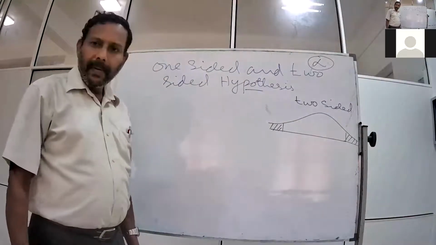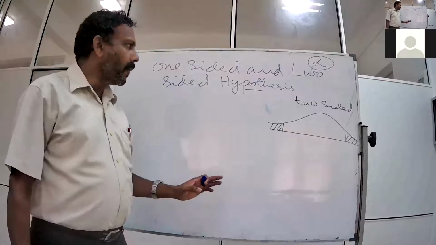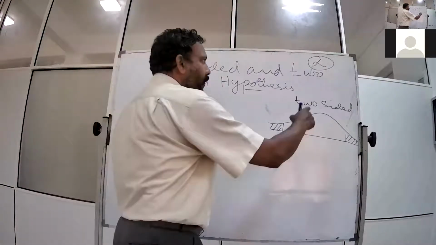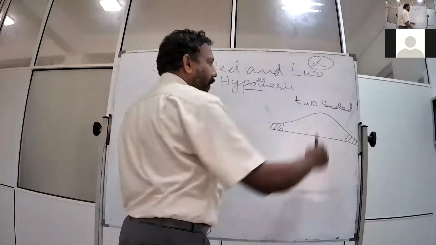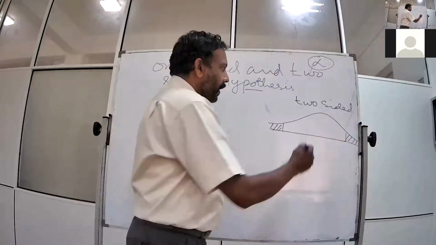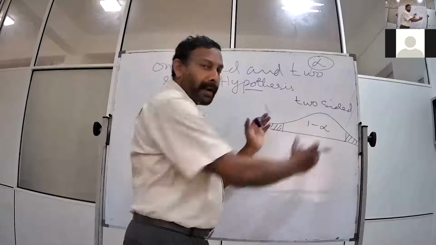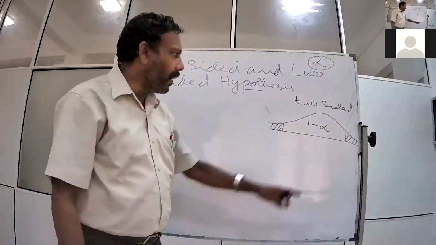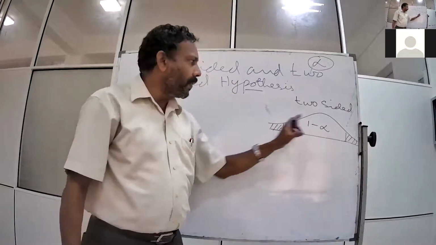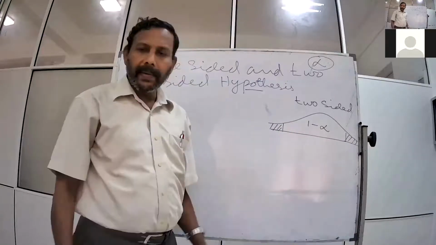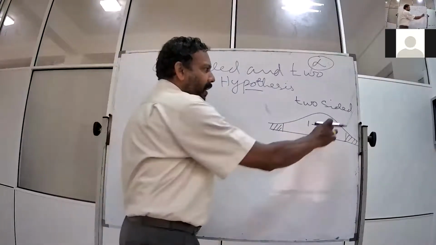Similarly, we can talk about one side. So if it is two-sided, this is 1 minus alpha. This unmarked area is 1 minus alpha. So what is the area of each of these? Because it is symmetric, can somebody tell me what is the area of this?